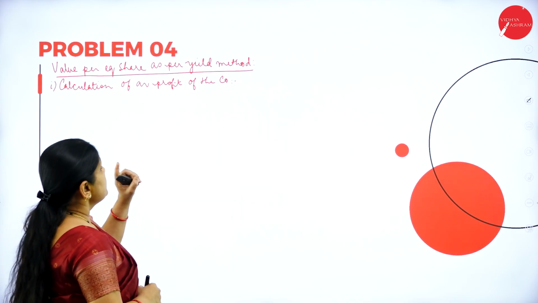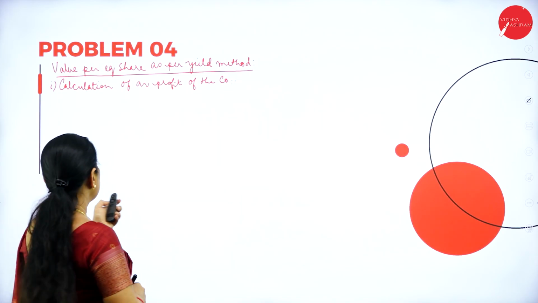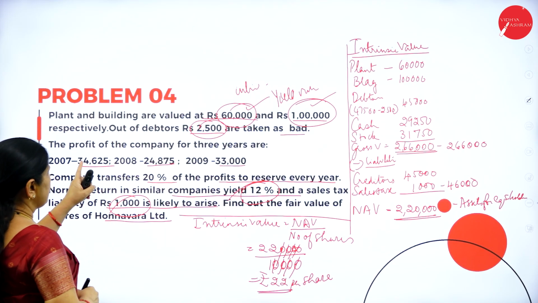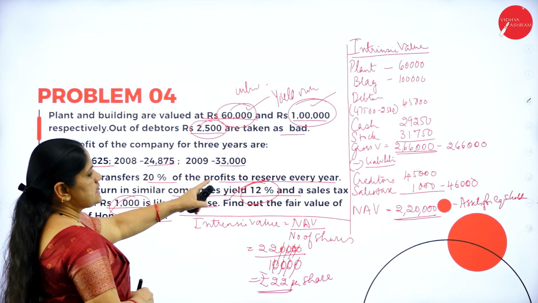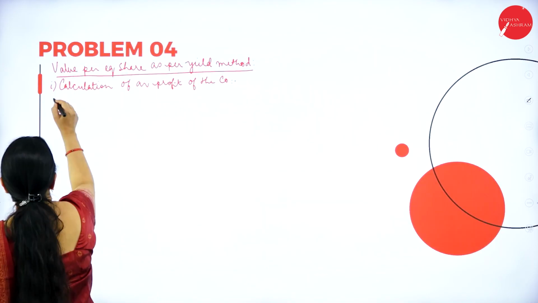So first thing is calculate the average profit of the company. So the average profits are, add all this, 34,625, 24,875 plus 33,000.